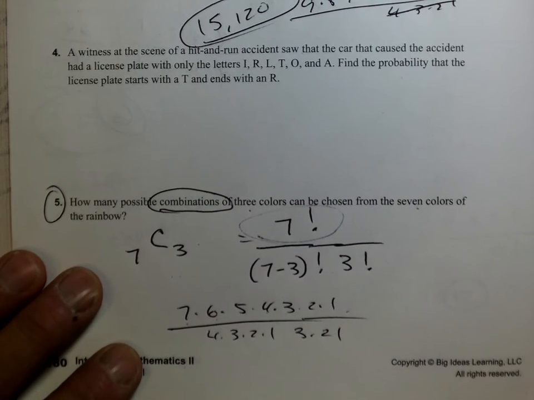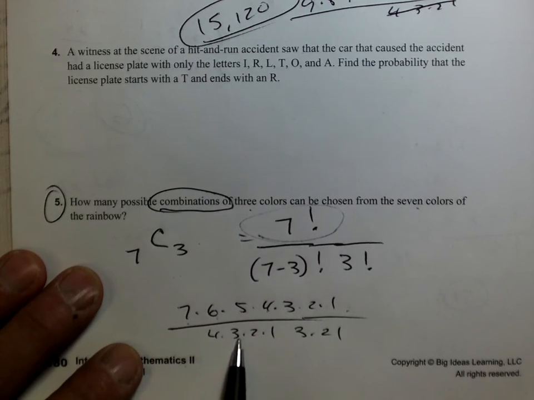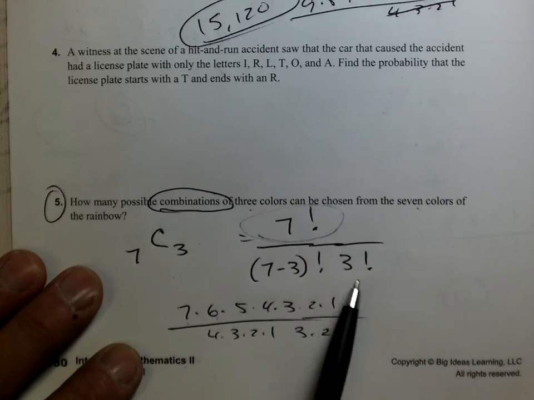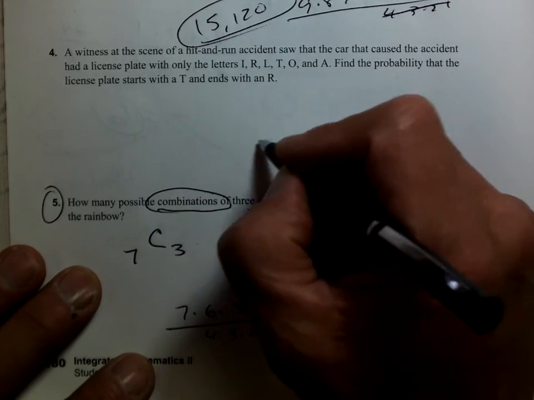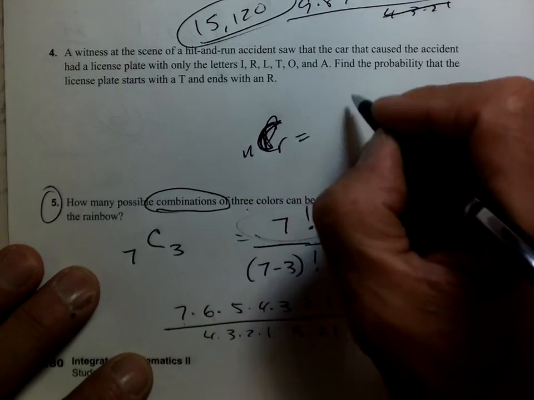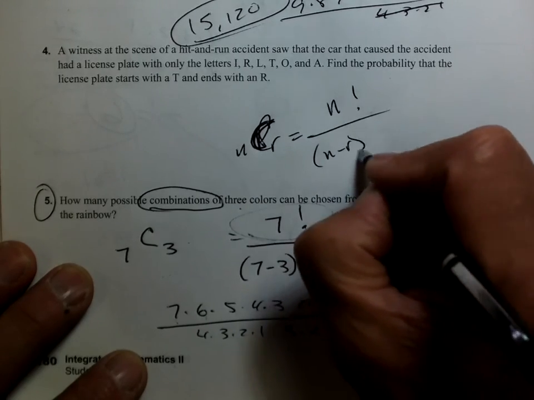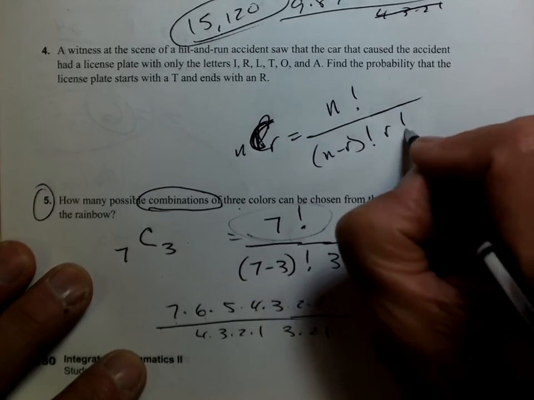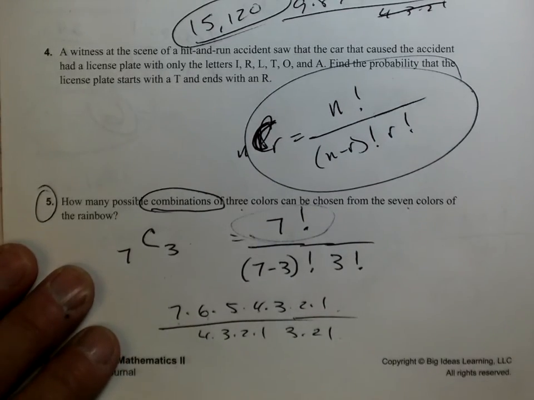Good man. And where did I get this formula from? It's the nCr formula, which is n factorial over n minus r factorial times r factorial, and it's on the previous page.